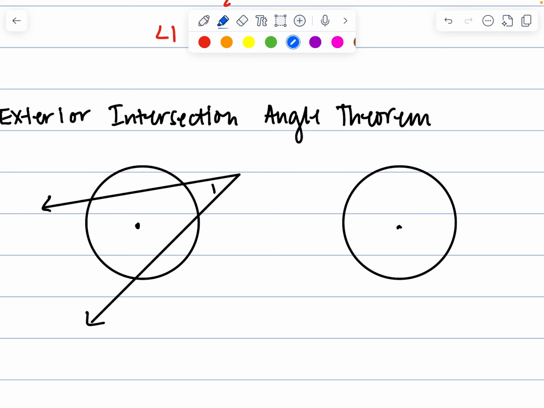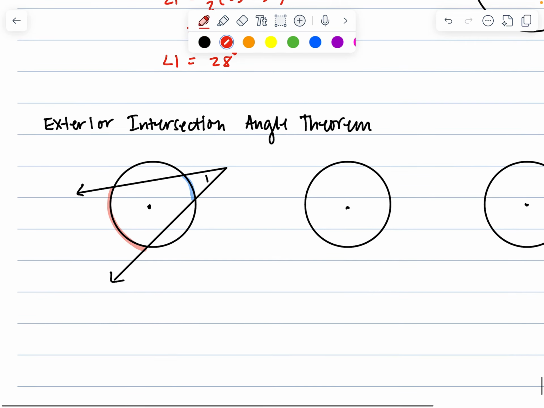I'm going to highlight this big arc red, and this small arc blue. Notice one's definitely bigger than the other. So this is what we call a secant-secant intersection. If we see 2 different secant lines where the intersection is on the exterior, then this would happen.